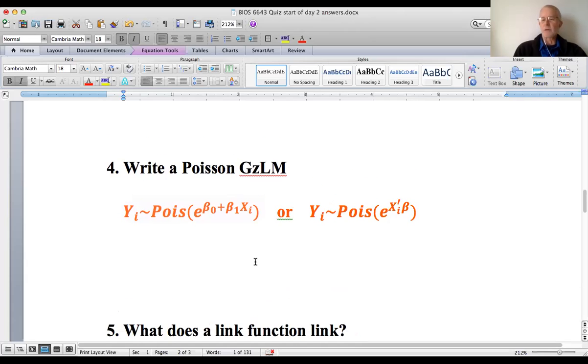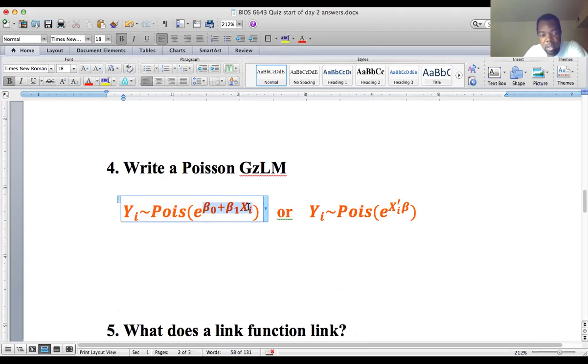What is the link function? Back up here, what is the link function? The link function is actually log, the inverse of exponential. And what is it linking? The linear predictor to the outcome.